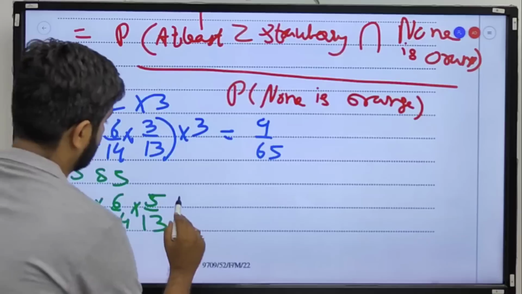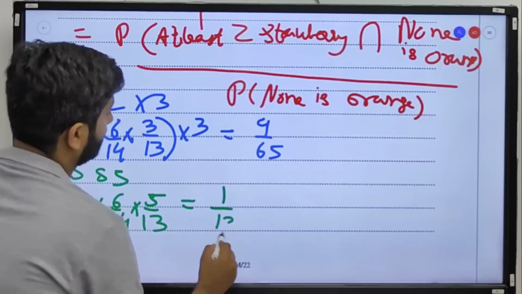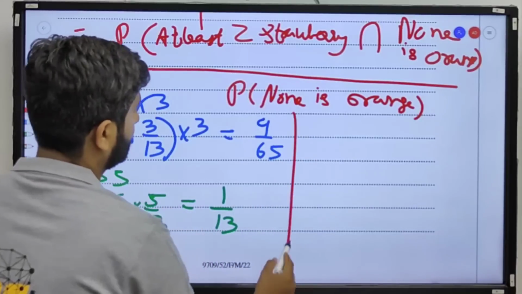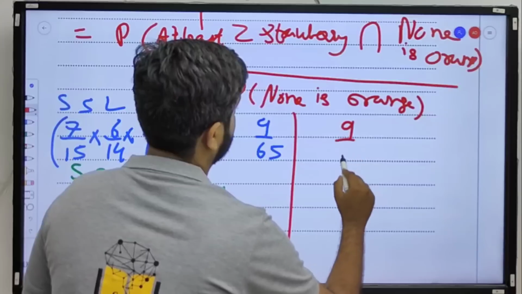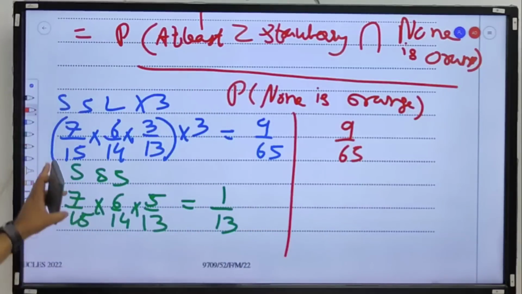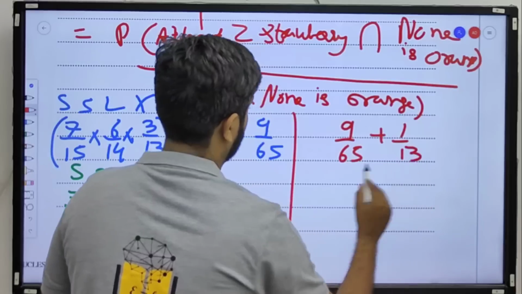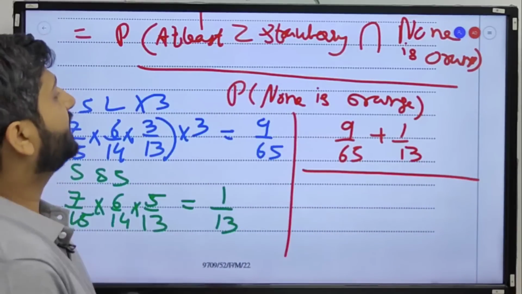This is 1 by 13. So the final answer is 9 by 65 plus 1 by 13 whole divided by the probability that none of them is orange.